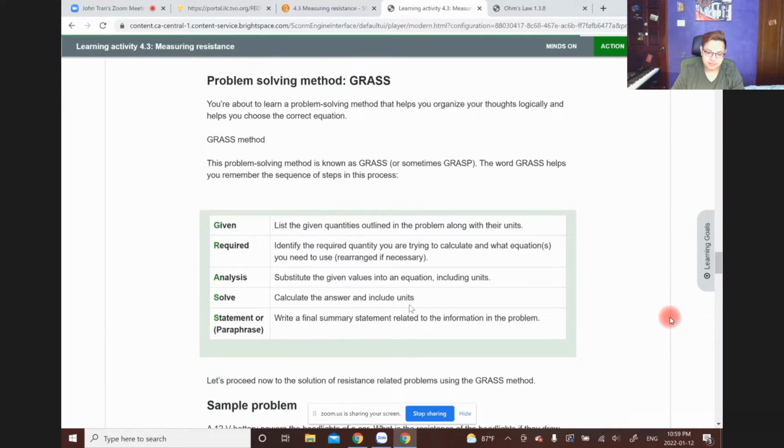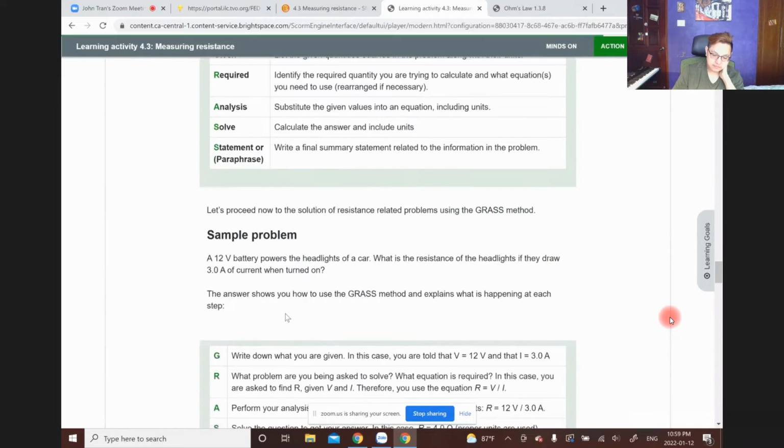Calculate the answer and include units. Write a final summary statement related to the information in the problem. Let's proceed to the solution of this related problem using the GRASP method.